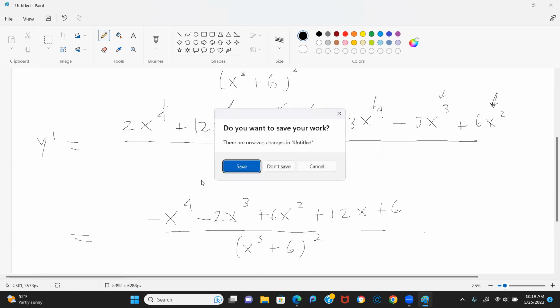All right, so let's look at another example. So this is going to be example 5.